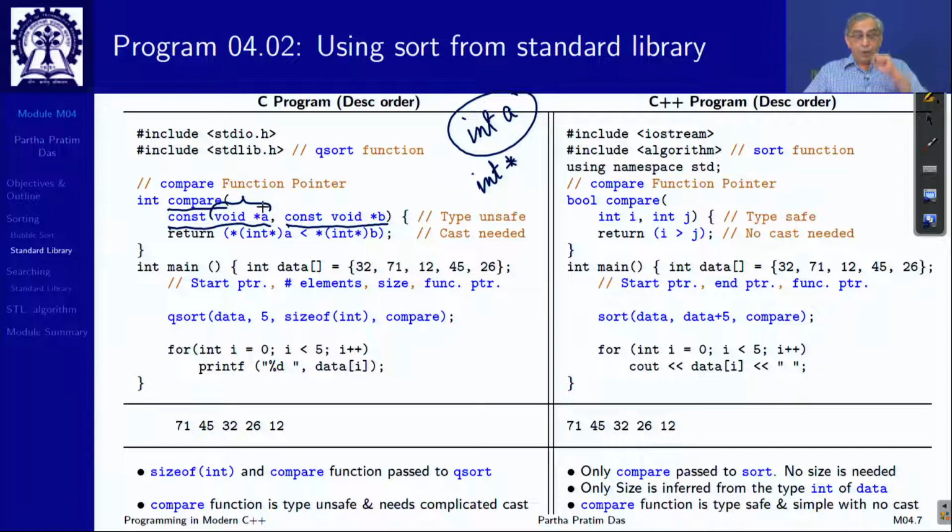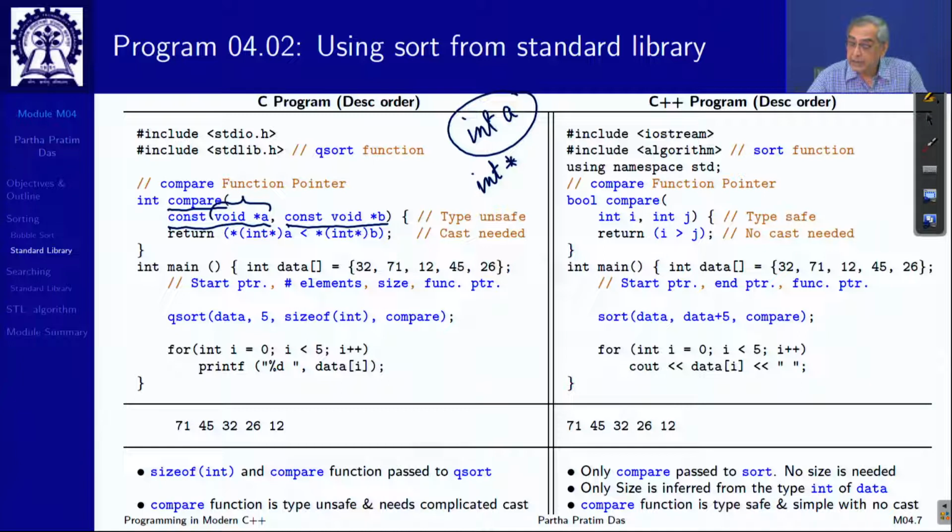So, quicksort is actually calling a function to compare, which takes two void star pointers, the two elements it wants to compare, so that whatever is the element type, it can pass the addresses of the corresponding locations, and then the user function will know what the type is. So, the user function has to cast the pointer to the appropriate type, compare the values and return the Boolean, right.